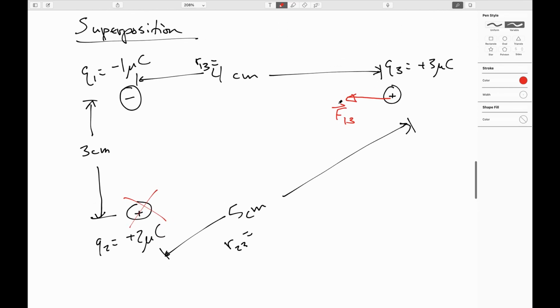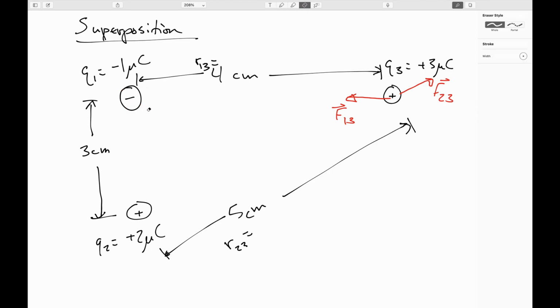We then pretend that charge Q1 doesn't exist, and that Q2 and Q3 are the only two charges in the universe. Since they're like charges, they're going to repel. So the force of charge 2 on charge 3 would be something like that. To then get the net effect, we just add the two forces together as vectors.